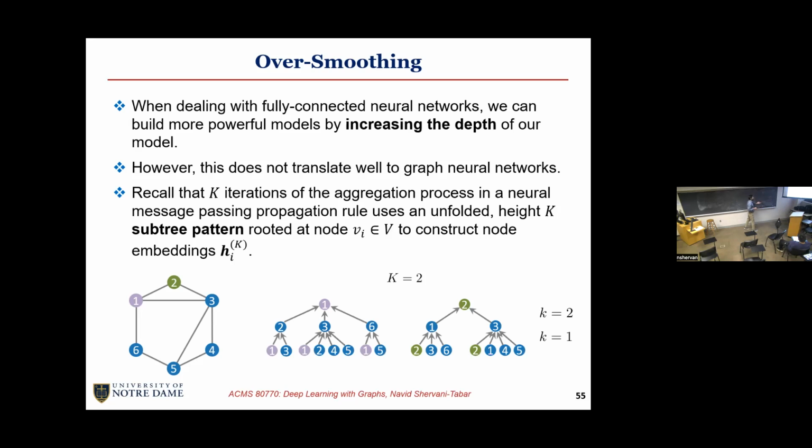Now let's say that I have a two-layer graph neural network. That's going to be represented using an additional layer of neural message passing. In the first iteration, information from 1 and 3 goes to 2. And then in the second iteration, information from 2 goes to 1.